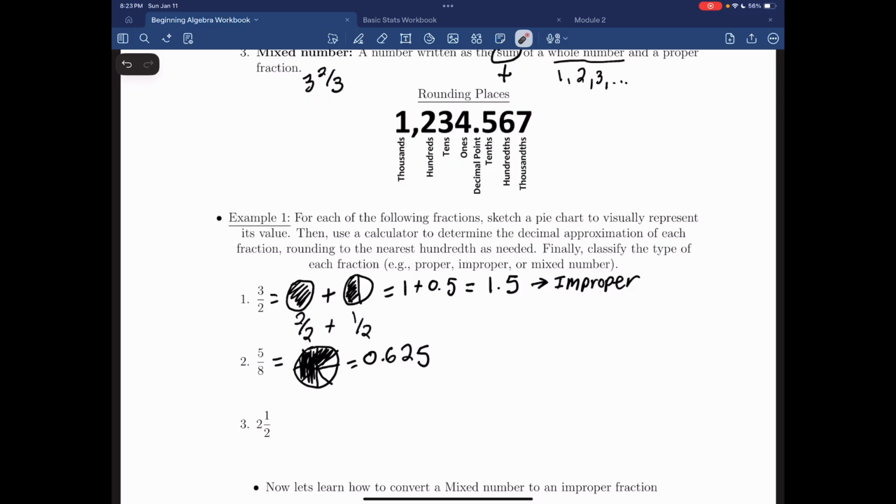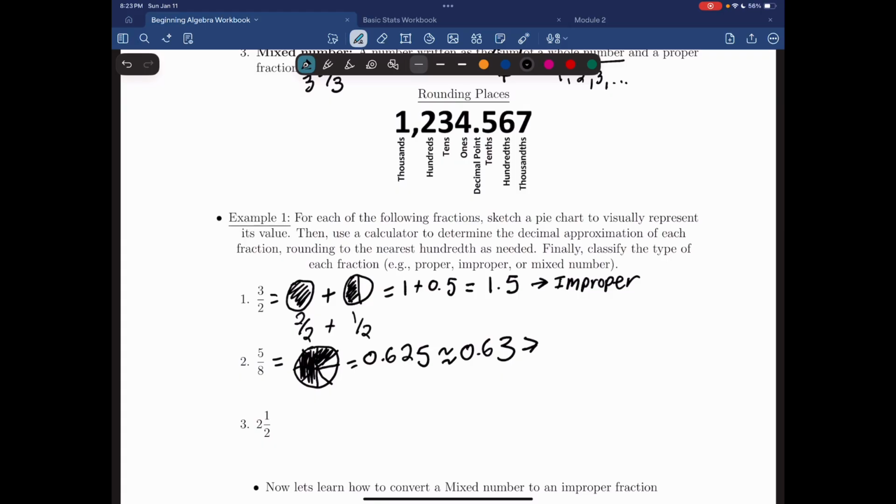So we need to round our answer to the nearest hundredth place, which is that second decimal place here. And because we have a 5 after the 2, that means we're going to round up. So our final answer is going to be approximately 0.63. And that's our approximate value if we round to the nearest hundredths place.